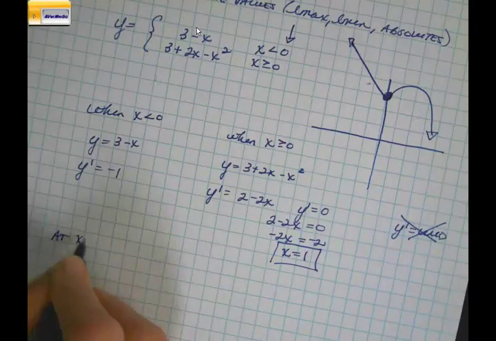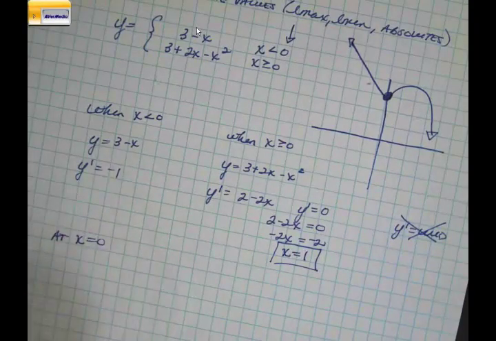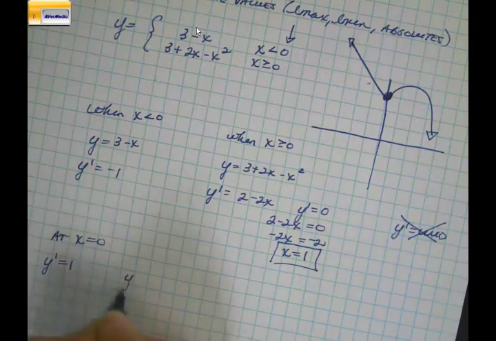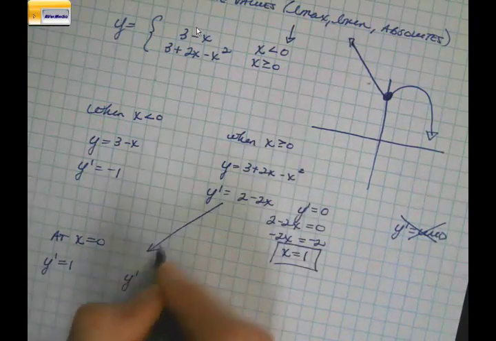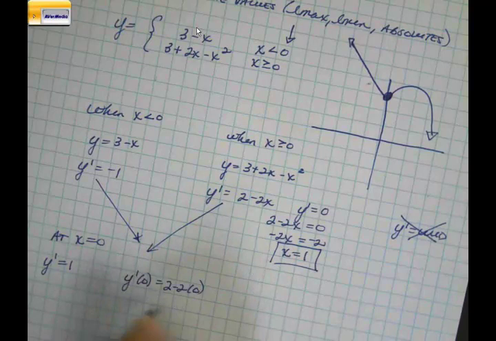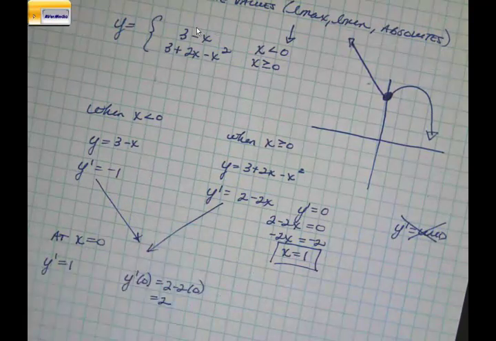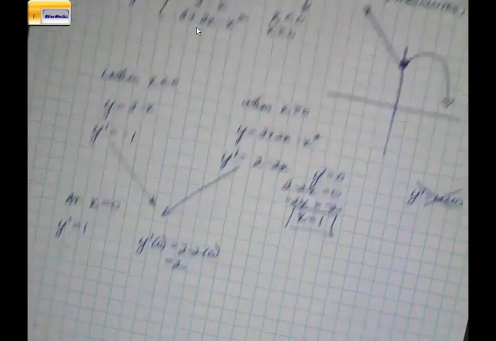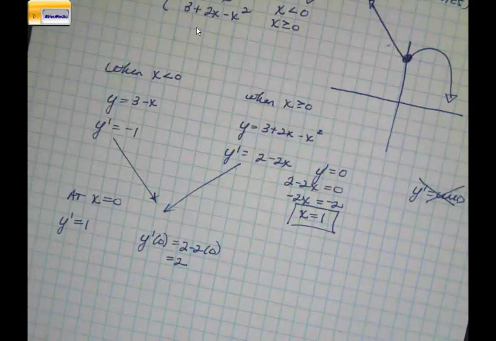So at x equaling 0, one of your y primes equals -1, and your other y prime at 0 is 2 minus 2 times 0, which is 2. So your y primes are not the same.